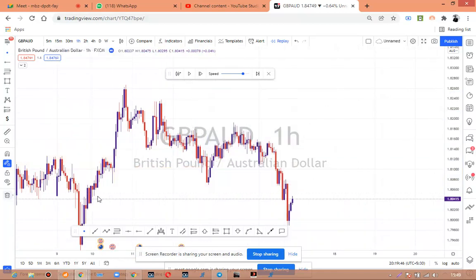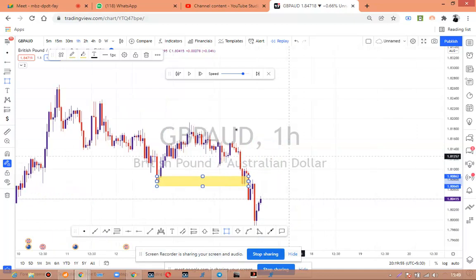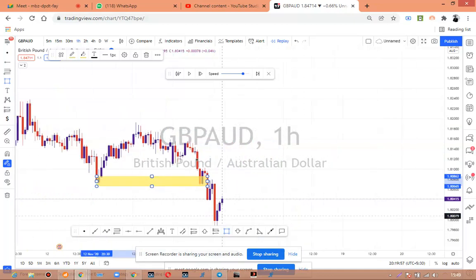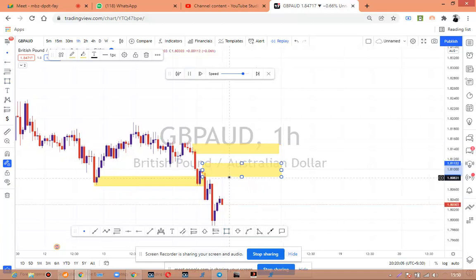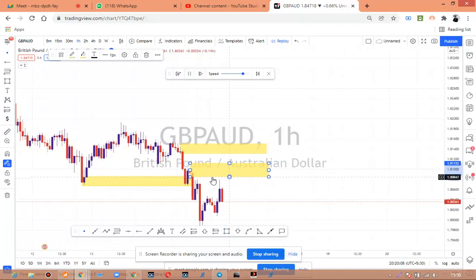Okay, now that we have lost this trade, let's do the next analysis. This is a demand zone that was supposed to be respected, but it was not respected. Here we have the supply zone responsible for the break of structure. Here also a supply zone responsible for the break of structure. So let's see how the market will react once it reaches any of those zones.